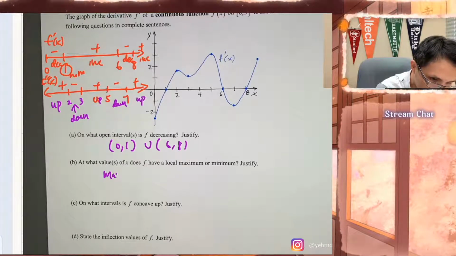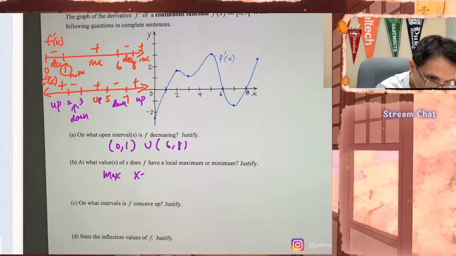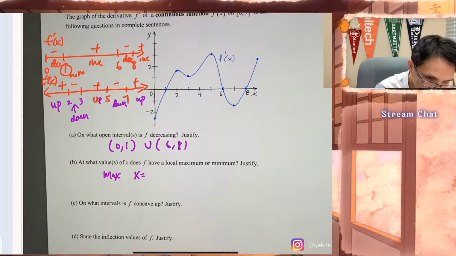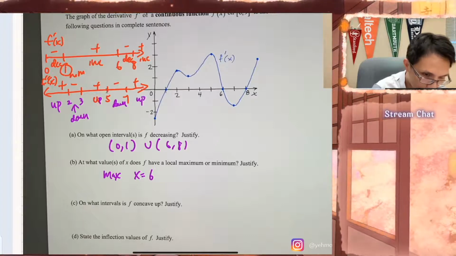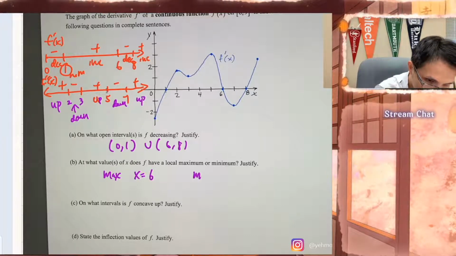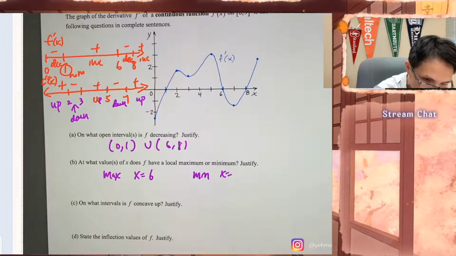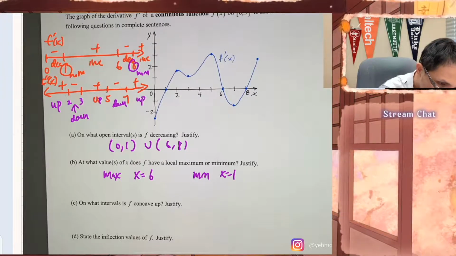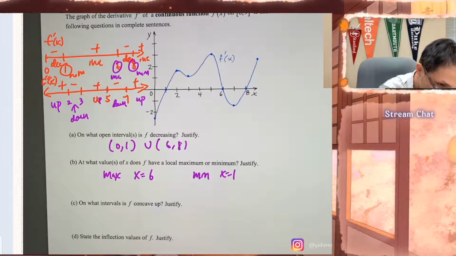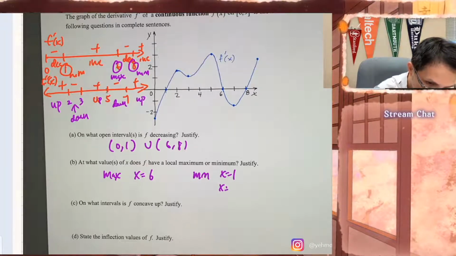Max is at where? Is that 6? 6. And where else? No, only 6. And the min at where? X equal to 1 and 8. So this one is a min, and this one is a max, right? So x equal to 8.